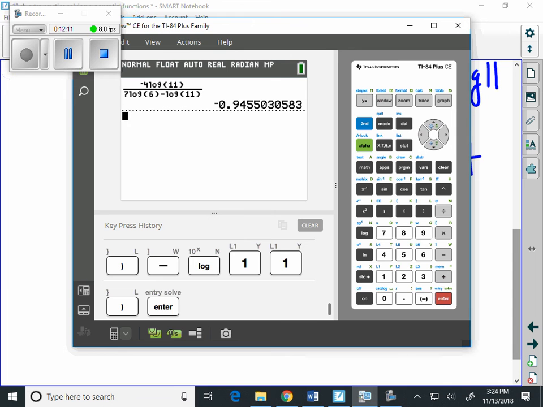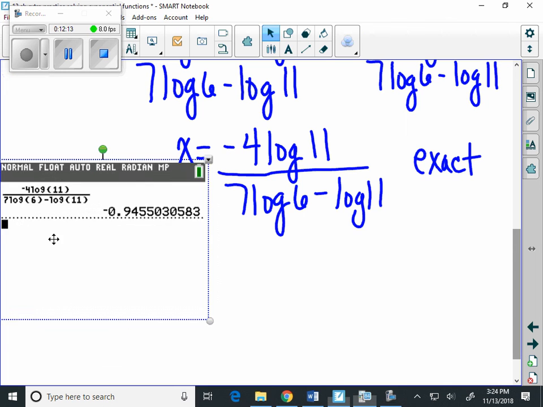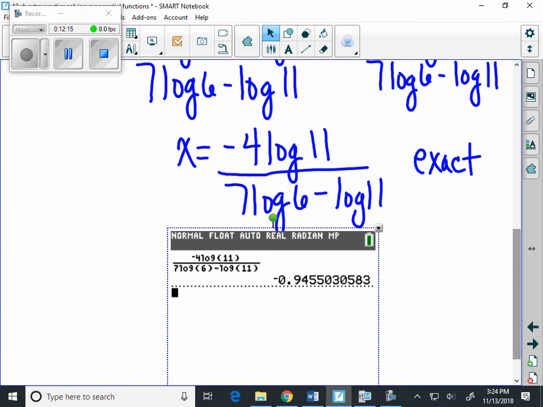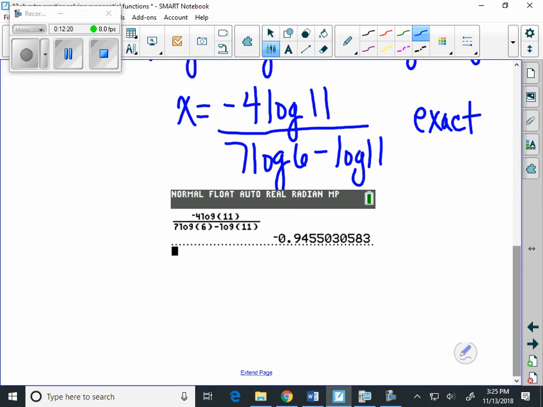And when we type that in, we get that decimal approximation. And let's look at our rounding to finish. Well, 0.94550 is going to determine what we do with that 5. It's actually negative, so we're going to end up with x equals negative 0.9455 for our approximation.